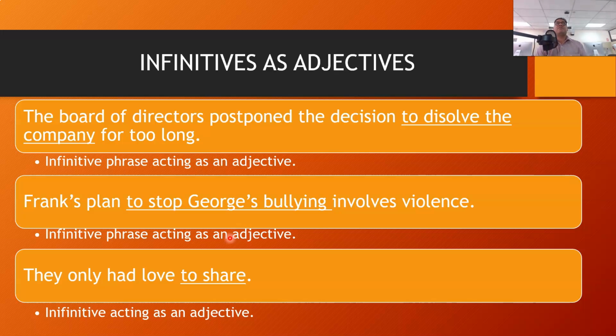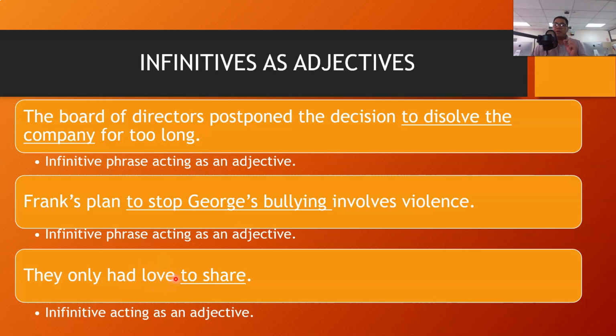And those are infinitives as adjectives, and I want to reiterate that to find an infinitive acting as an adjective, you are going to find it next to a noun. See? Here we have the noun decision, here we have the noun plan, and here we have the noun love.